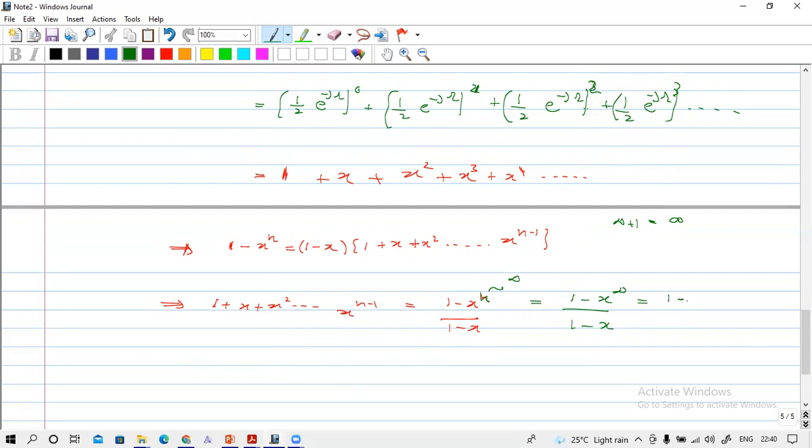If you get half e^(-jω·infinity), half e^(-jω) to infinity means 0. e^(-jω·infinity) is 0. So here you have 0, and you have 1 by (1 minus half e^(-jω)). So this identity.